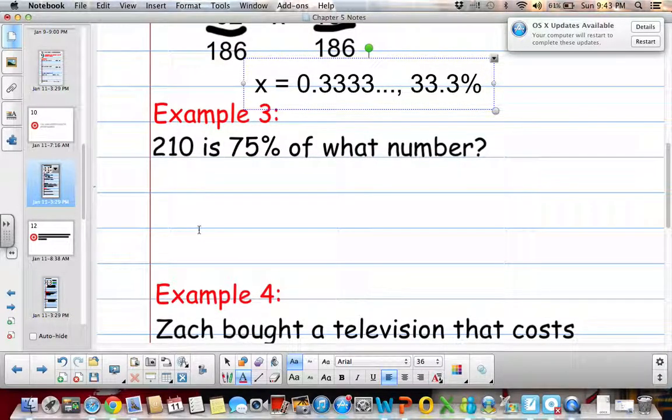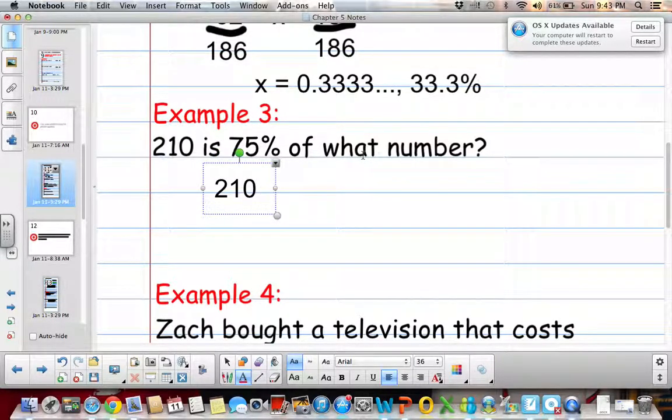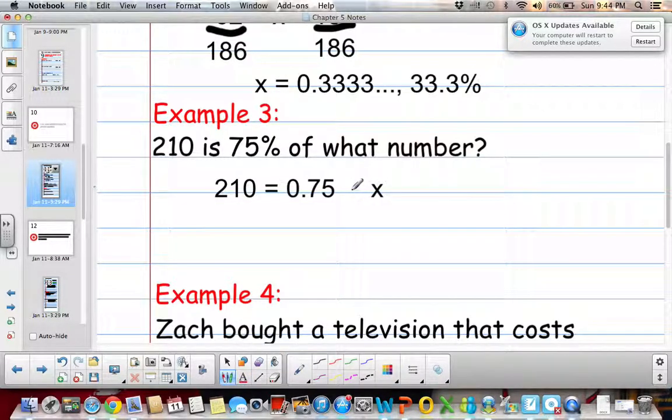Okay, 210 is 75% of what number? So 210 is our part, and 75% is obviously our percent, of what number? So we have 210 equals, we change 75% to a decimal, so 0.75, times x. And then we do the same exact thing. This time we're going to divide both sides by 0.75.